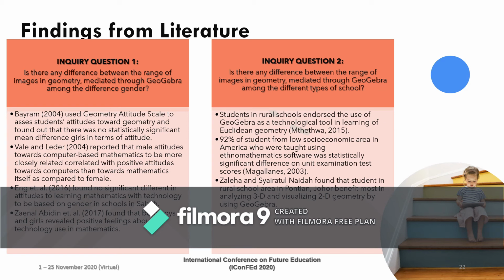According to Magellan 2003, 92% of students from lower socioeconomic areas in America who were taught using ethnomathematics software were statistically significantly different on unit examination test scores. Zaliha and Sairatul Nadia found that students in rural school areas in Pontian, Johor benefit most in analyzing 3D and visualizing 2D geometry by using GeoGebra.